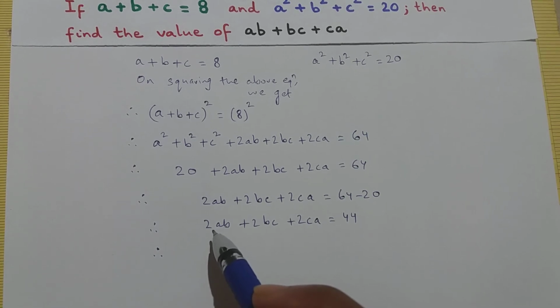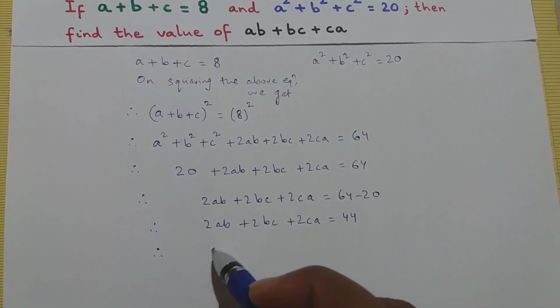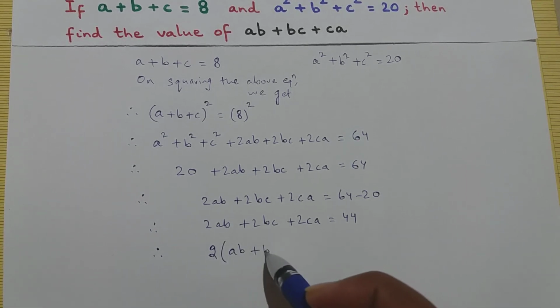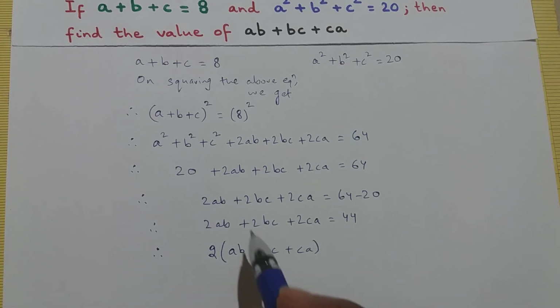On factorizing 2ab plus 2bc plus 2ca, I get 2 into (ab plus bc plus ca). This is what I get when I factorize it.